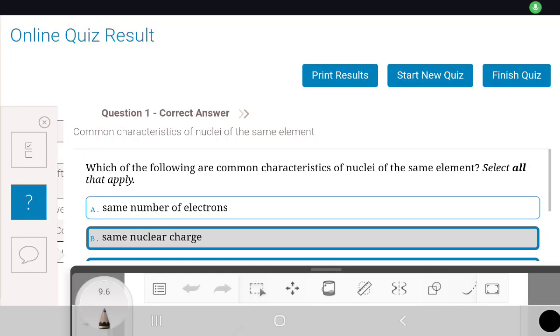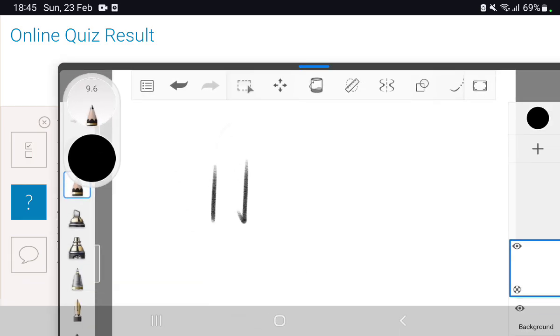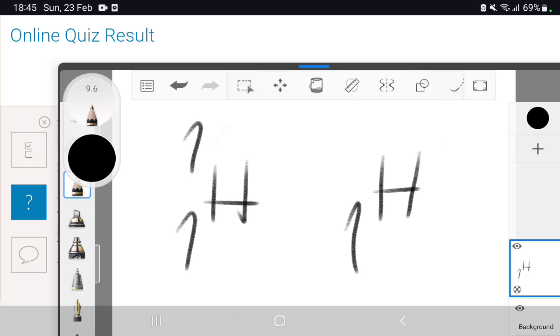Question 1. Which of the following are common characteristics of nuclei of the same element? Let me give an example. Let's say we have hydrogen, which has one proton and one electron and one neutron, but there is an isotope with one proton and electron but two neutrons.